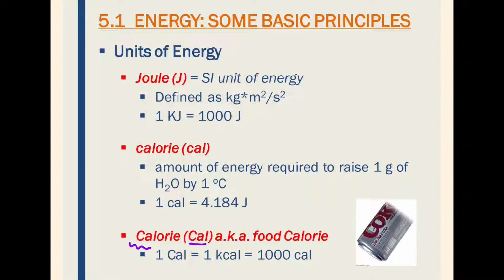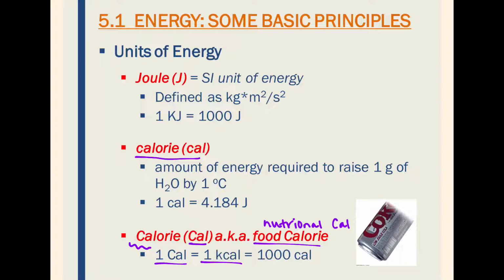Unfortunately, that is spelled and looks exactly like a lowercase c calorie, but they are not the same. So one capital C calorie, the food calorie, has 1,000 of the little c calories in it. So when you hear capital C calorie or kilocalorie or food calorie, you'll also hear nutritional calorie. They're all the same thing. And those are the larger of the two. The little c calorie is smaller.